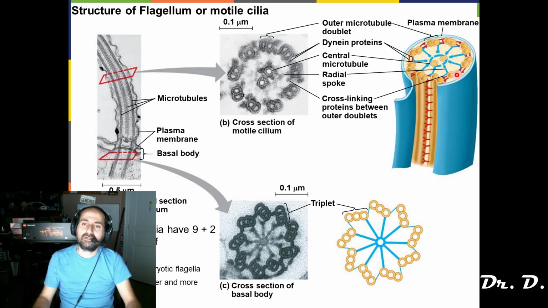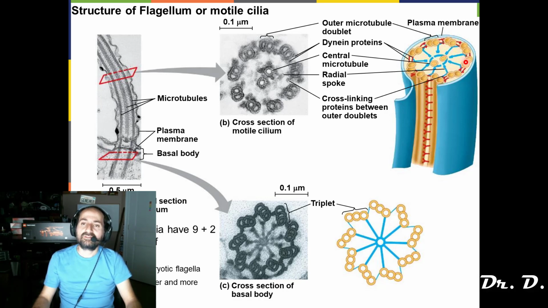All of these are microtubules, and these are doublet microtubules. You know what that means? Look, how many doublets are there? Here's a doublet. 1, 2, 3, 4, 5, 6, 7, 8, 9.